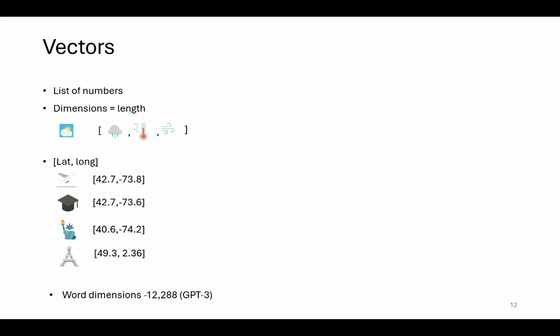So latitude, longitude for the location is 2 dimensions. But just by looking at them, you know that they are very close in space, right? The first one is Albany Airport, the second one is where we are right now. And if you look at the fourth one, the Eiffel Tower, you know just by looking at them that they are too far away from each other.